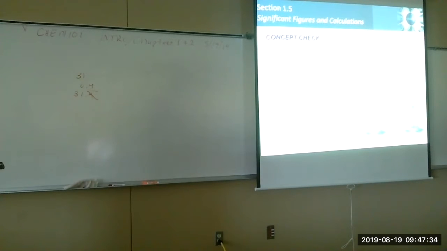So the moral of that story is when you make a measurement and you make it with multiple devices, the accuracy of your measurement is restricted to the least accurate of those devices. In this case, that one restricts the accuracy of the total volume. Okay.